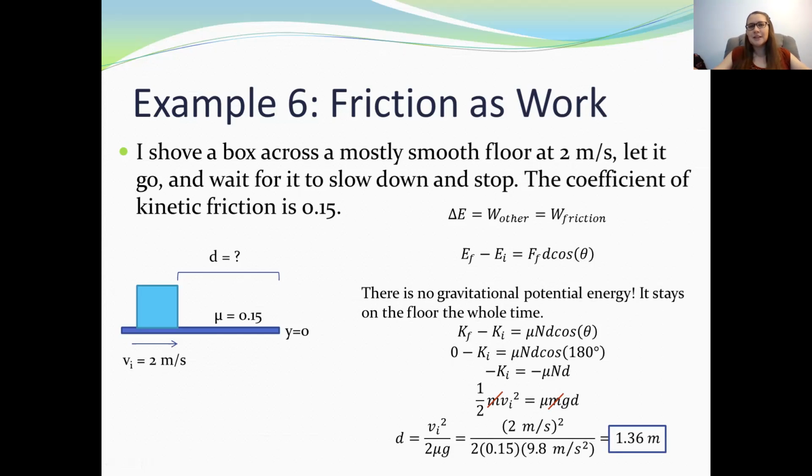So this is a fairly fast speed to push a box at. Which means when you stop pushing it on a fairly slippery surface, it will continue to move for a little while. And a distance of 1.36 meters seems reasonable, much more reasonable than like 136.